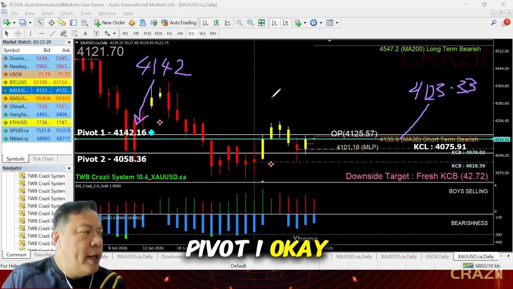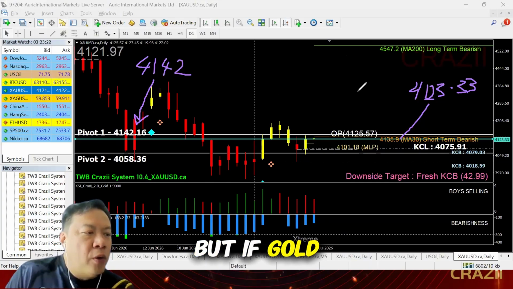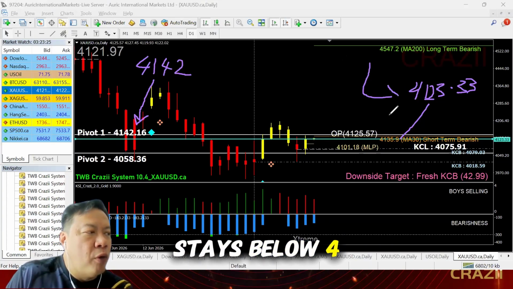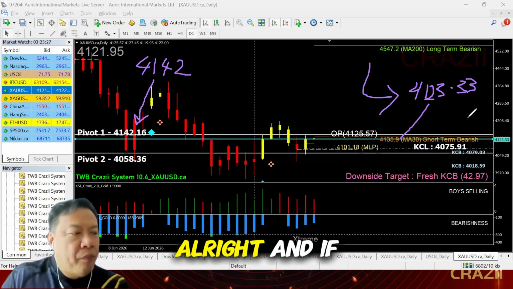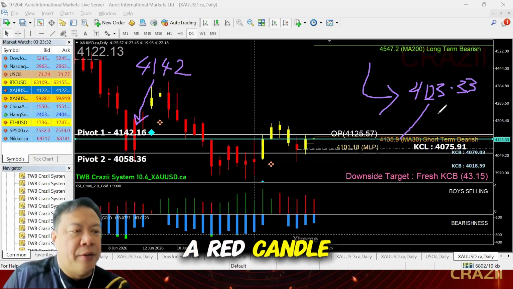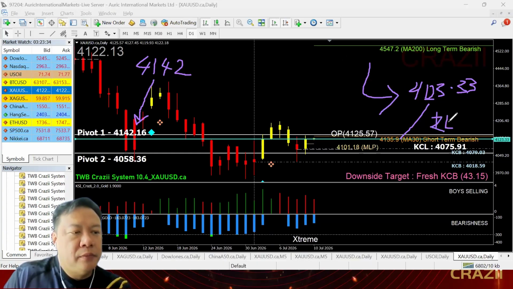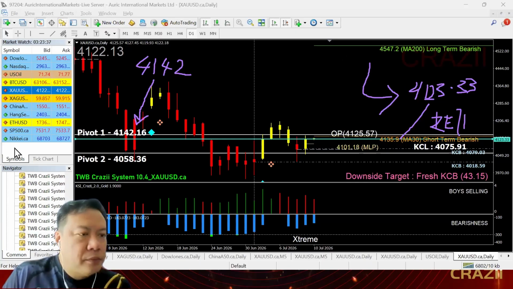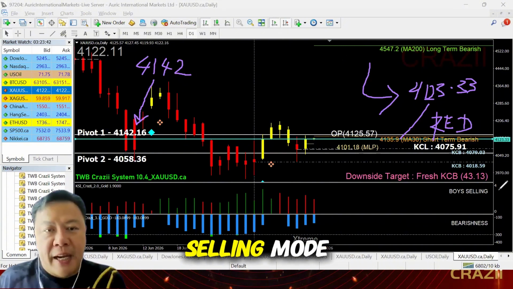But if gold stays below 4123, and if it turns to a red candle, then we are in some selling mode.